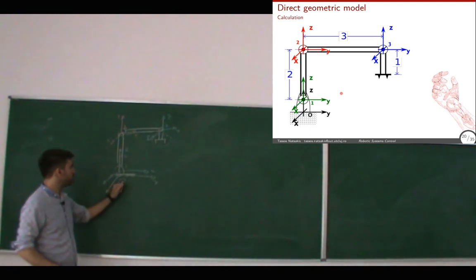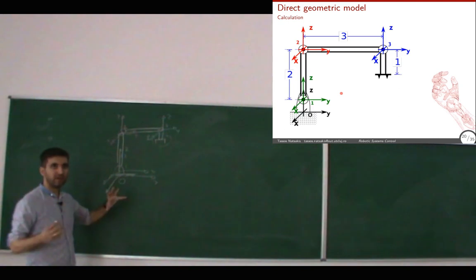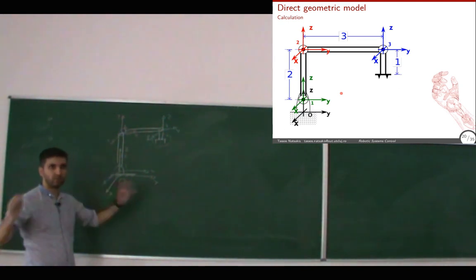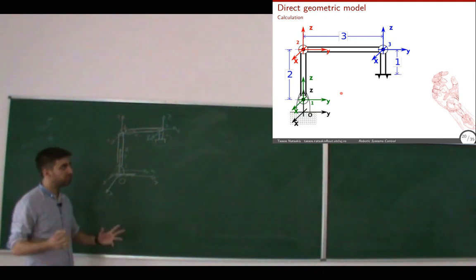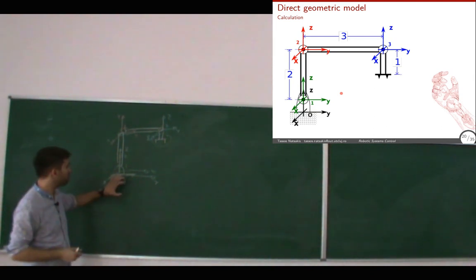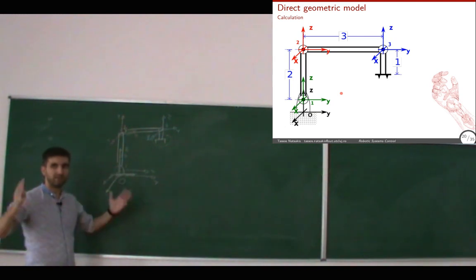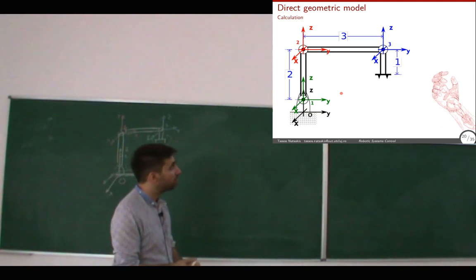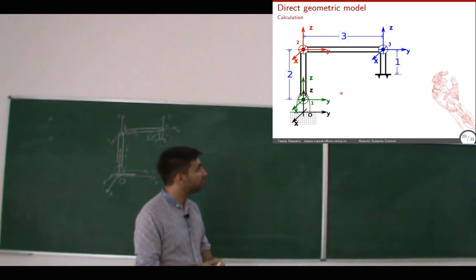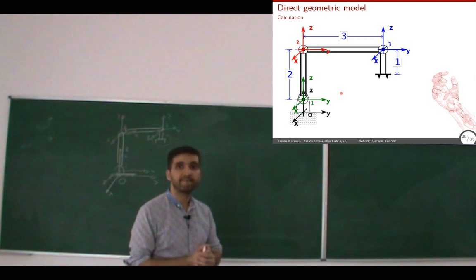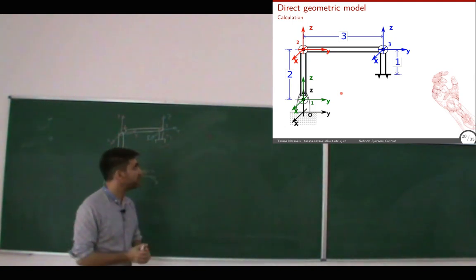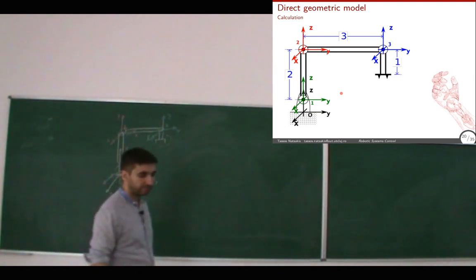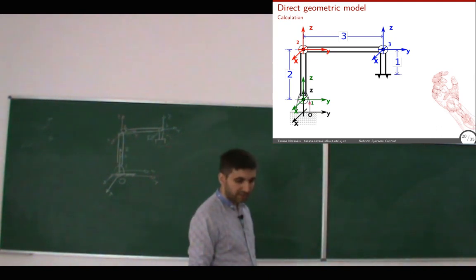What is the transformation from 0 to 1? What kind of transformation do I have? Is it a rotation? Is it a translation? Rotation, translation around which axis? What do you think? So to go from 0 to 1, I have what kind of transformation? Once again? Rotation around X. So my starting one is coordinate frame 0, the black one.